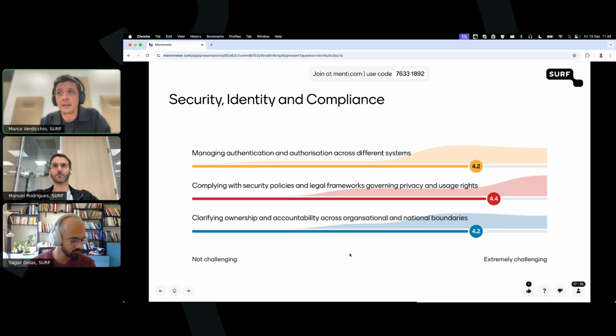As expected, I see also here the higher ranking toward more challenging, and we know how security and identity especially are still difficult.